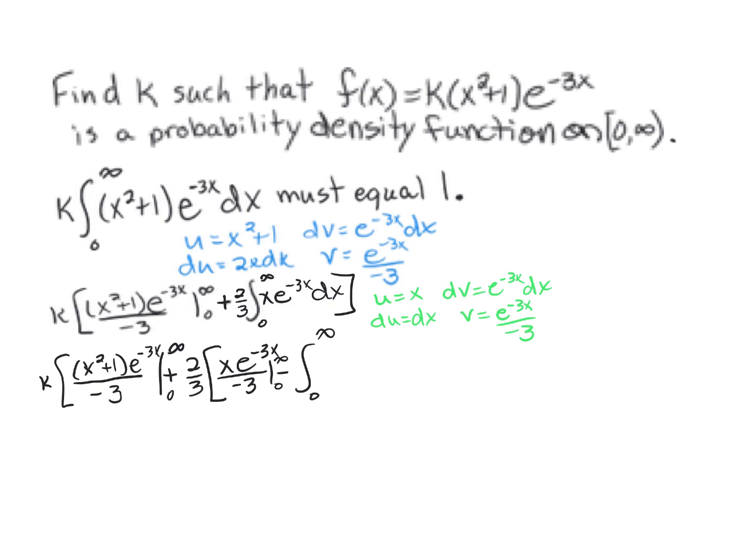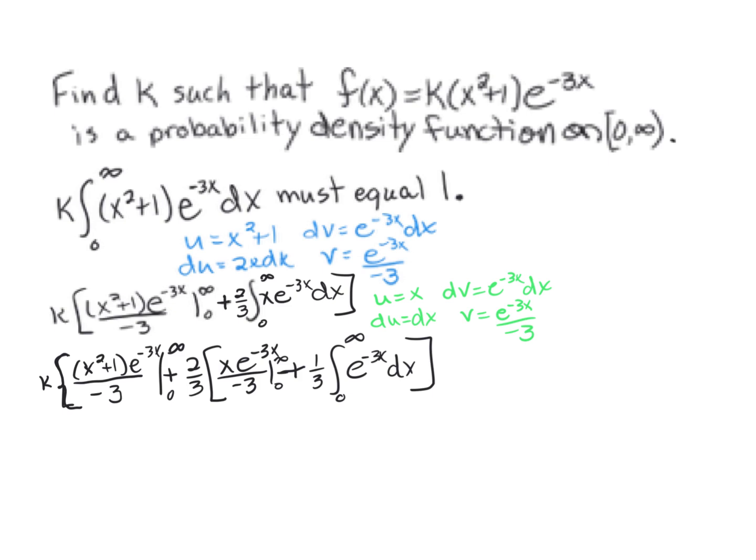So hold on, let me give myself a little more room here, because I'm going to pull out that minus 3 in the denominator, which makes that plus 1/3 e to the minus 3x, and the du is just dx now. Notice that that 2/3 is going to distribute through my brackets. I've got too many brackets here. Let's make that a curly one.